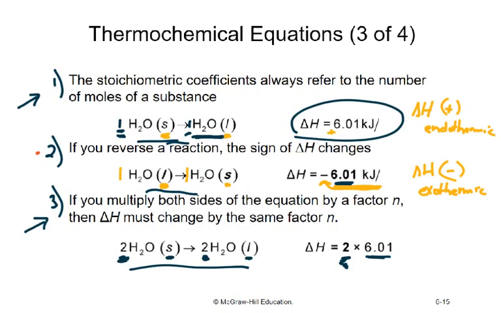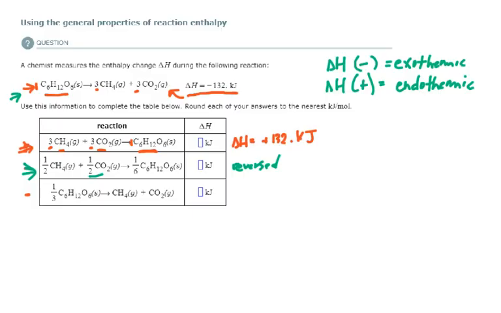So if I go back here, let's see what we're dealing with. We have reversed the reaction, and we have also changed the amounts of the substances involved. Well, how did we change it? It looks like we divided everything by 6. How do I know? Well, if I have 1 mole here originally, here I have 1/6 of a mole. So I divided it by 6.